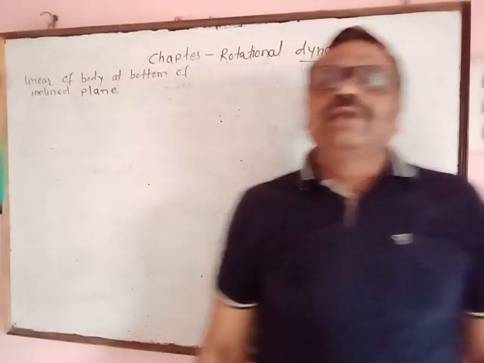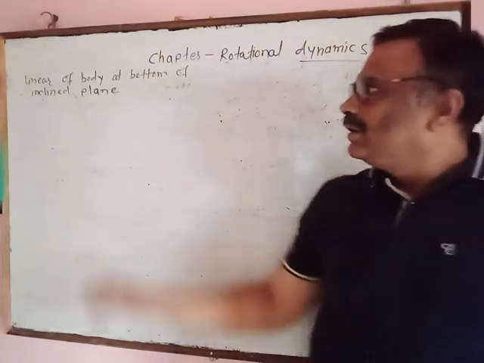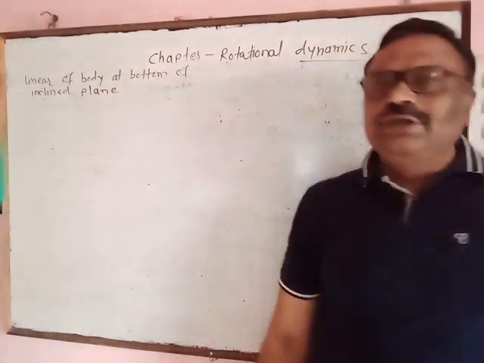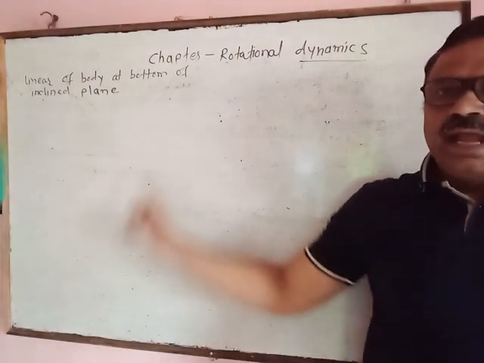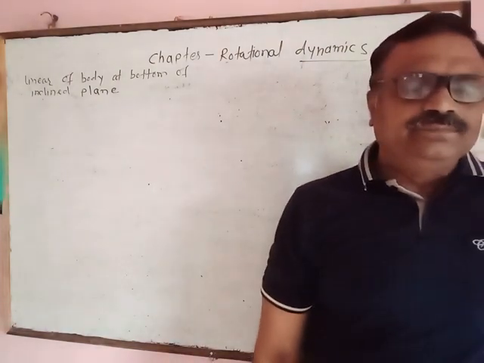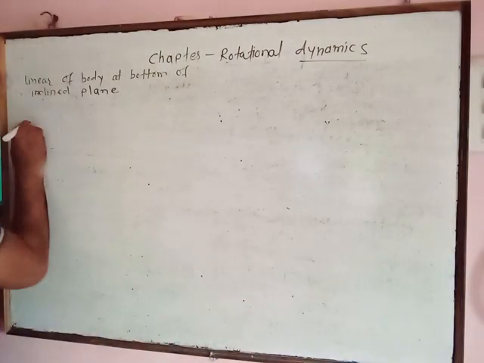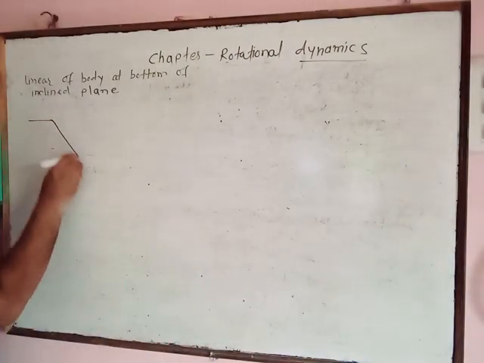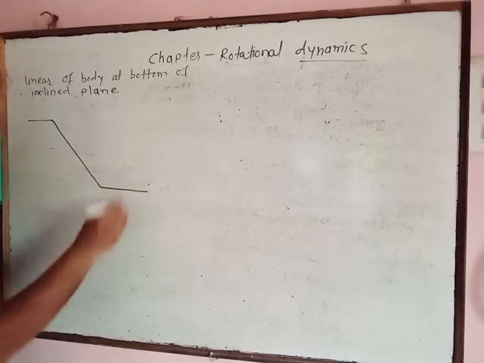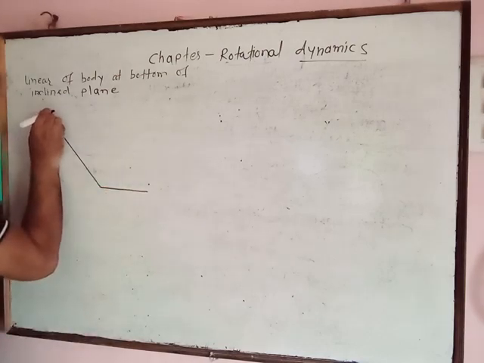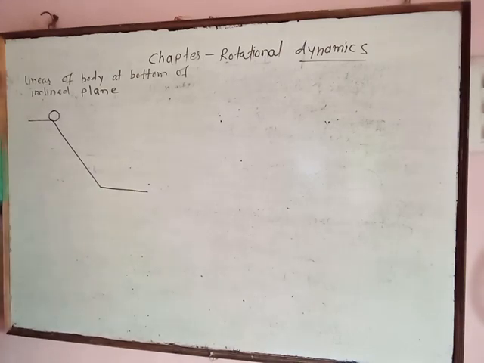Now we calculate the expression for linear velocity of a body at the bottom of an inclined plane. Consider this is an inclined plane and a certain body is released from the top of the incline.